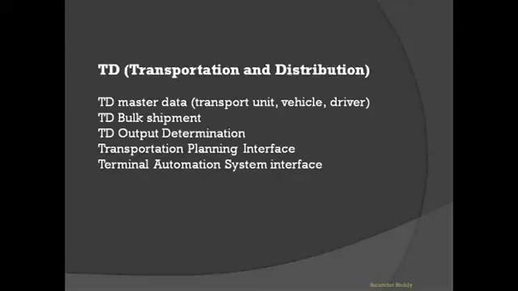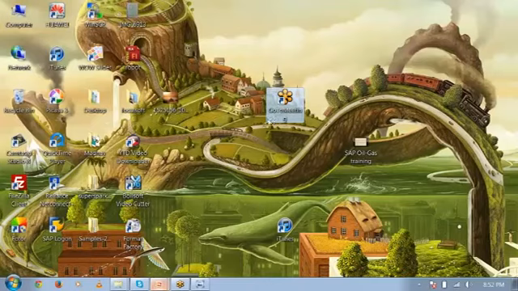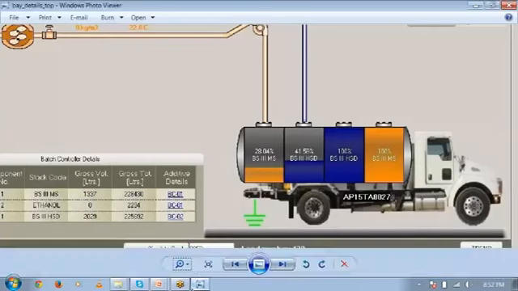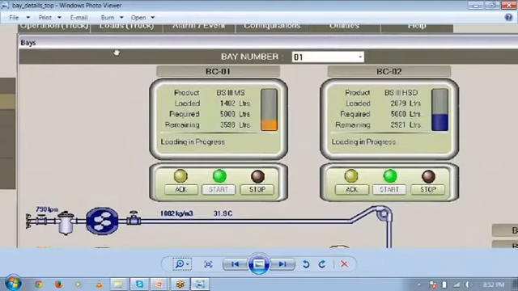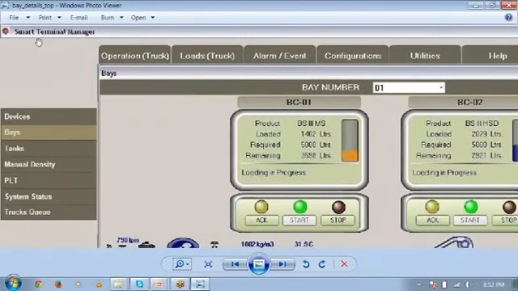Those third-party softwares share the data with the SAP system through iDocs. Here, one third-party software we are using is Smart Terminal Manager.